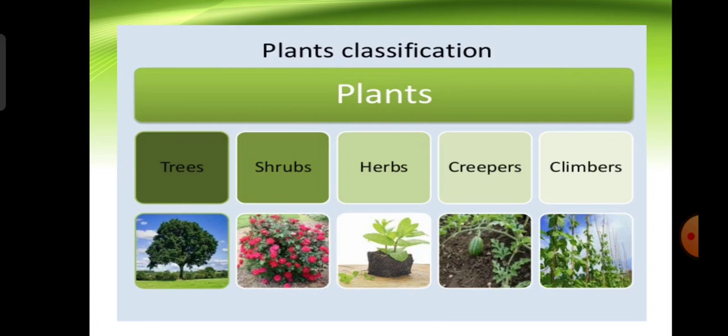Climbers have a very thin, long and weak stem which cannot stand upright, but they can use external support to grow vertically and carry their weight. These types of plants use special structures called tendrils to climb. A few climber plant names include grapevine, sweet gourd, money plant, green peas.